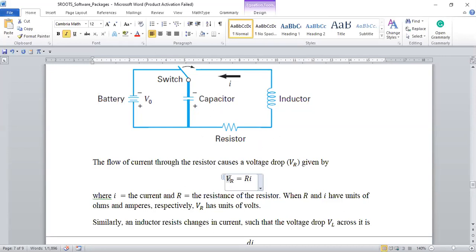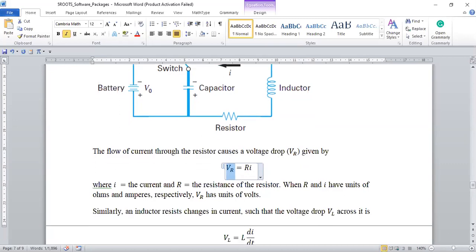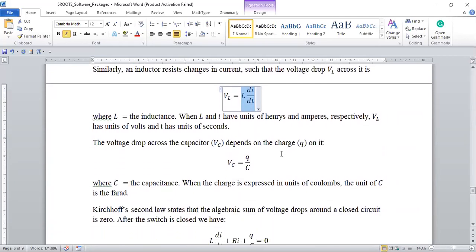The voltage across the resistor is given by IR, the voltage across the inductor, L, is given by L dI/dt, and the voltage across the capacitor is given by Q divided by C.